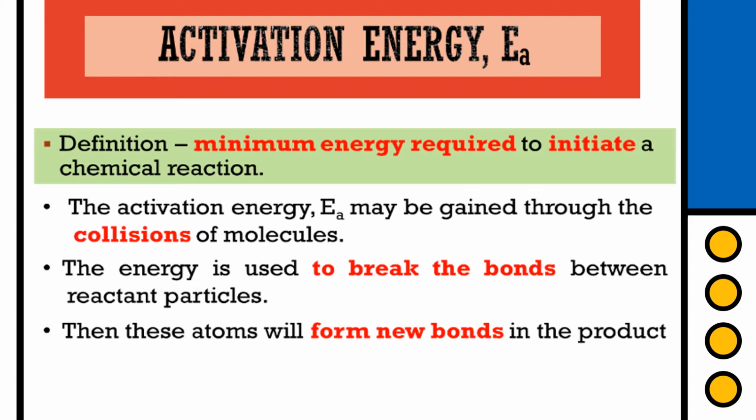So activation energy is the energy needed for the reaction to occur. Without enough energy, we cannot produce any product. Even though we supply some energy to our reactants, if it does not achieve the activation energy, no product will be formed.